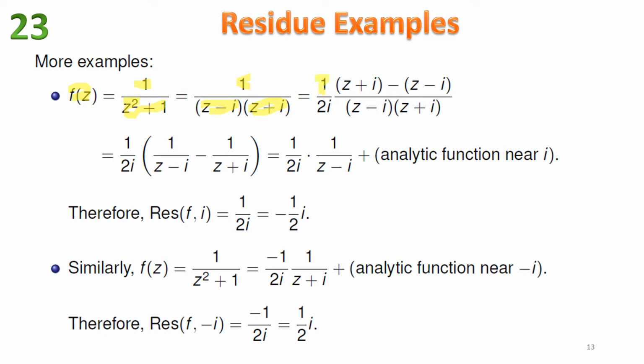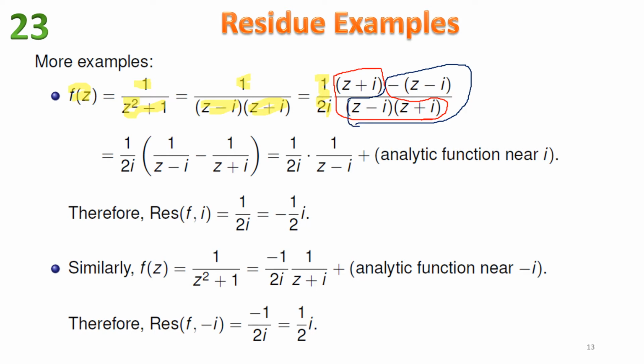Here we have taken 2i common, and then you can isolate the first part with a common denominator like this, and the second term you can identify for the same denominator with minus (z minus i) upon the numerator.